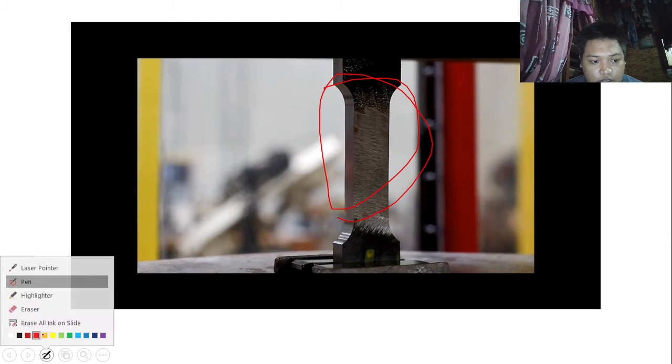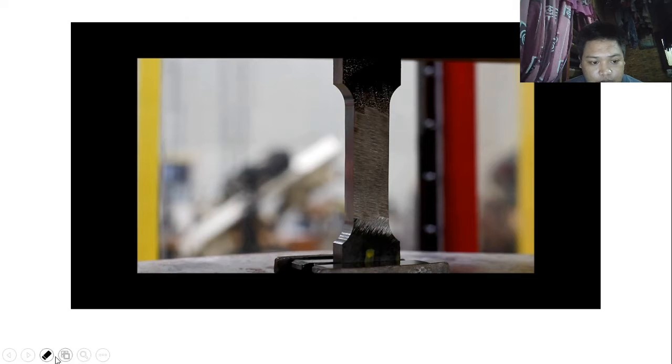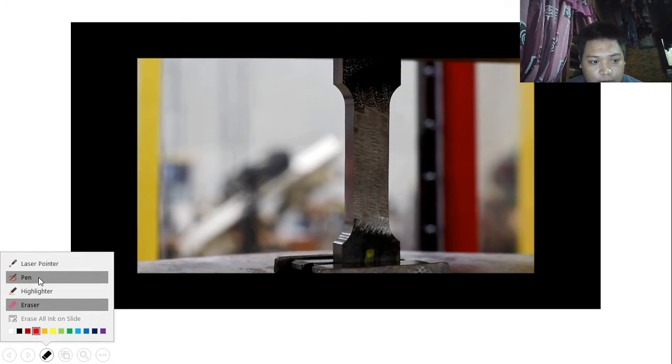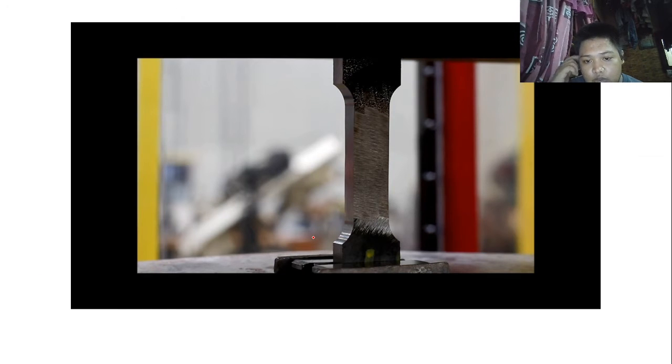It is a metal material, and it will be subjected to opposing stress directions, which is upward and downward. It will test the overall strength of the material, and I will explain the output of the test after this video. So I will play the video first.